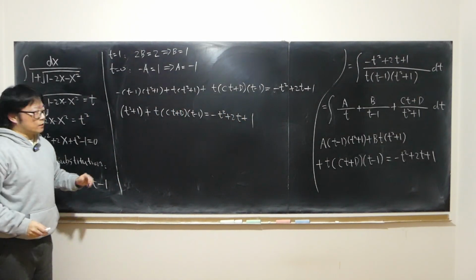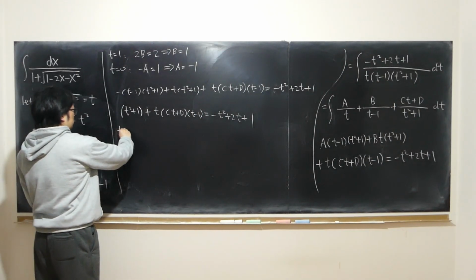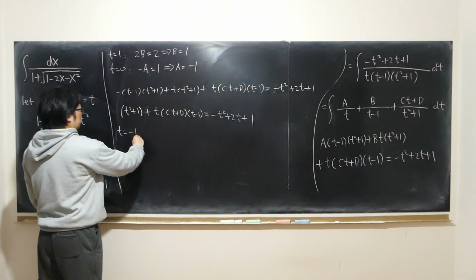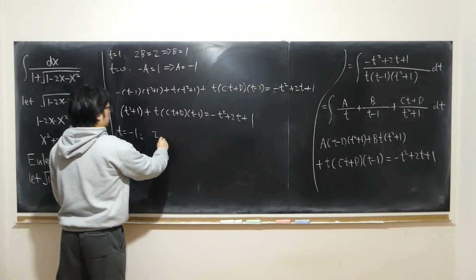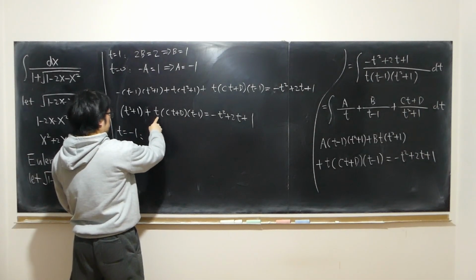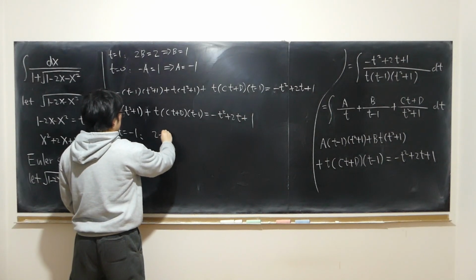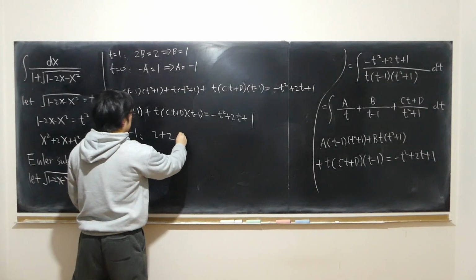So let's continue to substitute t with special values. Let t equal negative 1 this time. So negative 1 here, negative 2 there, so positive 2 up here, in front of 2 times ct plus d.